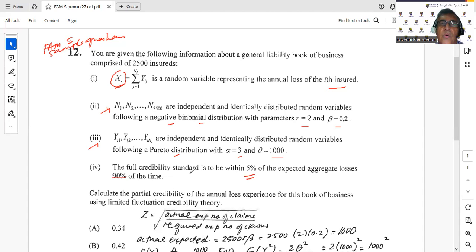So what do we need first? What are we going to find?